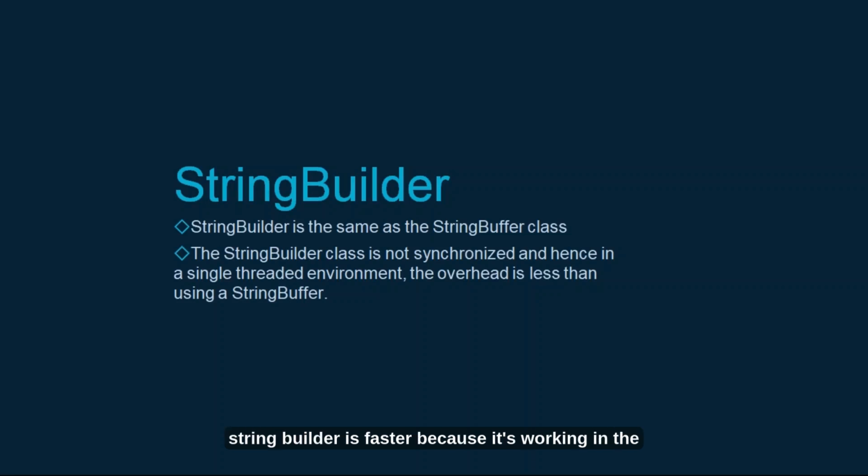It is faster because it works in the asynchronous environment, there are no synchronizations, so string builder is much faster than string buffer and string. With string builder you use the asynchronous environment, with string buffer the synchronous environment, and both are used for mutable objects, so we can change the object value.